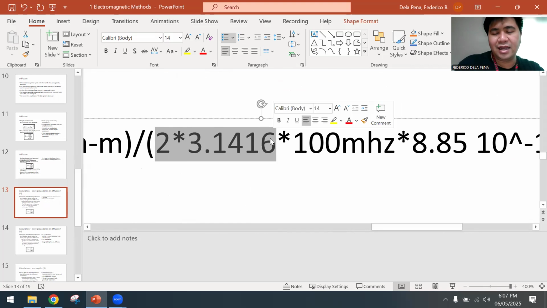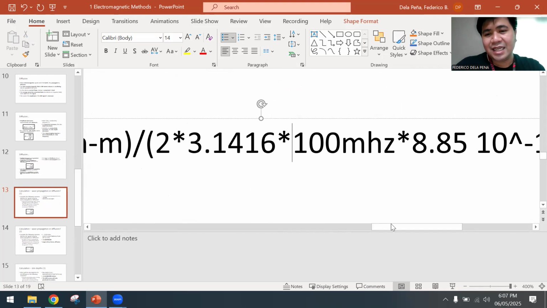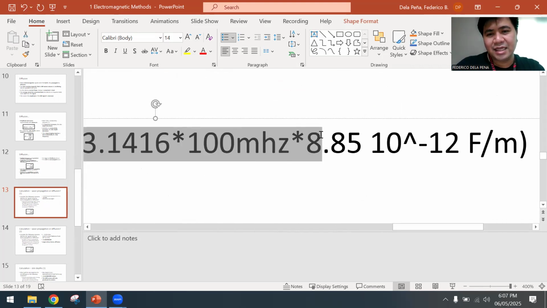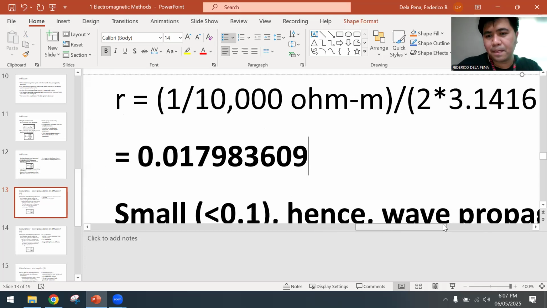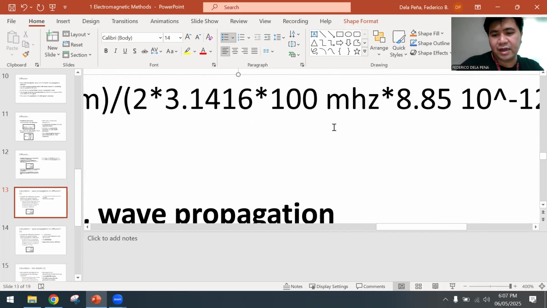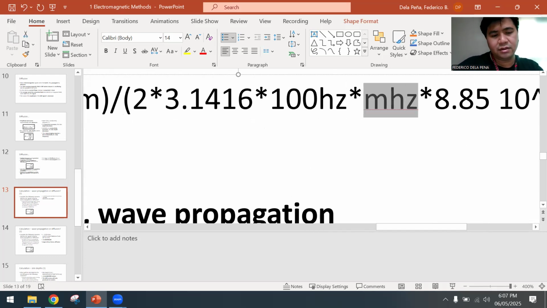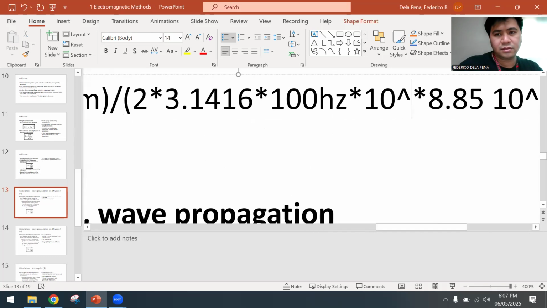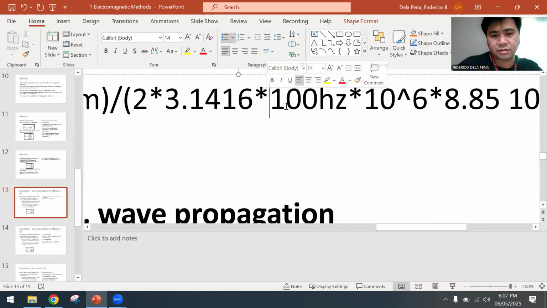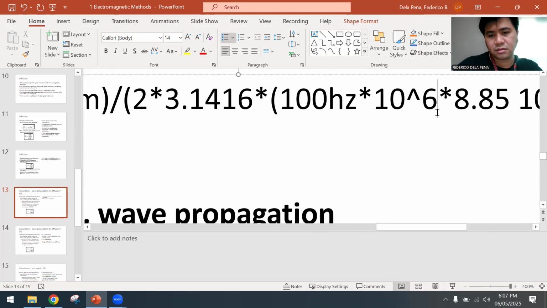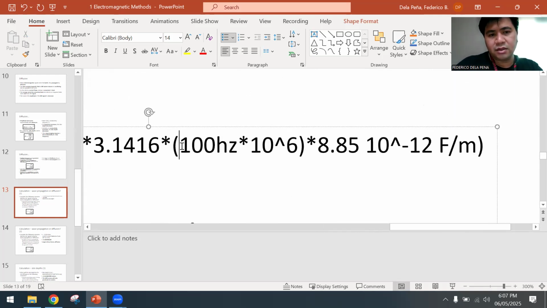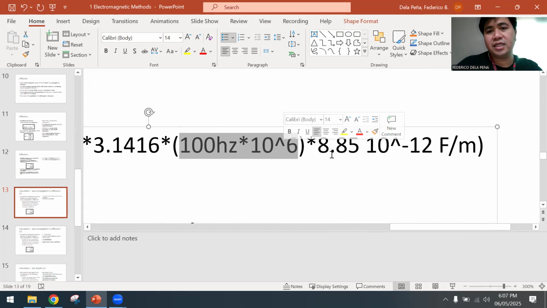This is 2 pi. And then this is your frequency, 100 megahertz. You need to multiply this by 100 hertz times 1 million, so 100 megahertz is 100 million hertz.